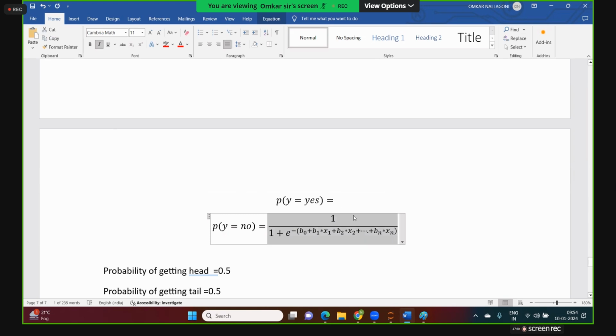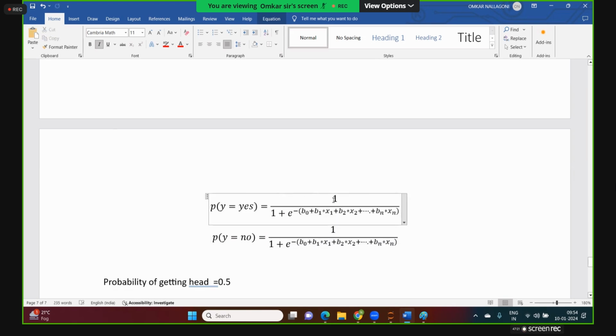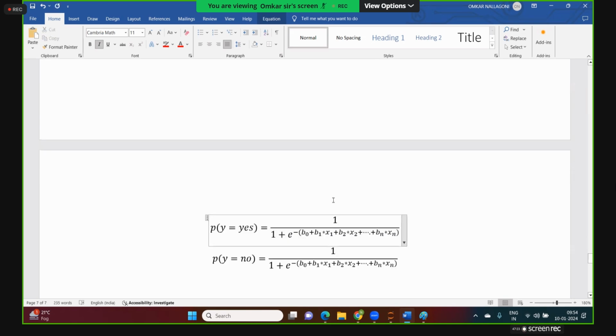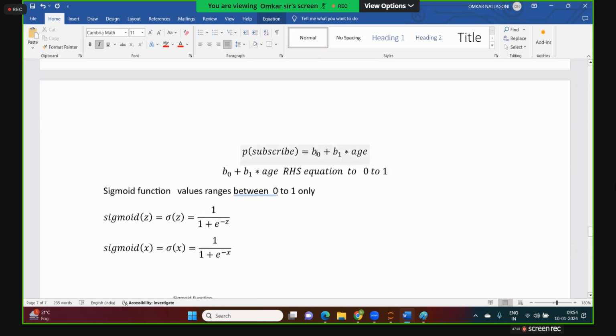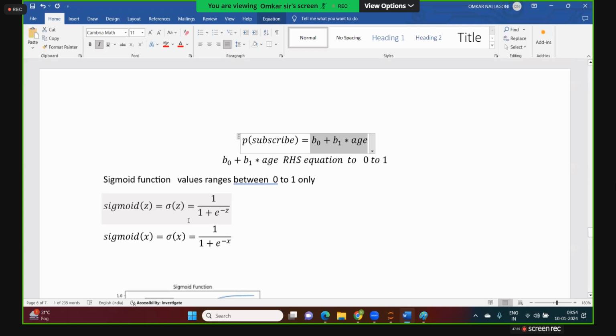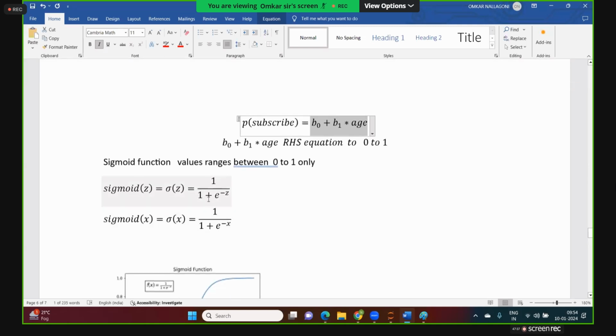The sigmoid function will convert all the values into the 0 to 1 range. So why are we going for the sigmoid function mainly? Because these values range from minus infinity to infinity, and we want to convert them into 0 to 1. That's why this function is used. Now we'll talk a little bit about the sigmoid function.